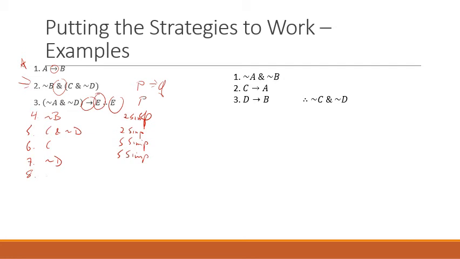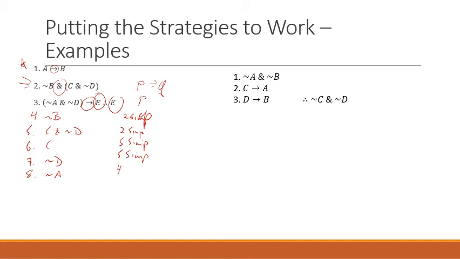And I can do that using modus tollens. So if you look at the first premise, it is a conditional. So if I have the negation of the consequent of that conditional, then I get the negation of the antecedent. That's modus tollens. And I do have the negation of the consequent in line 4, right?